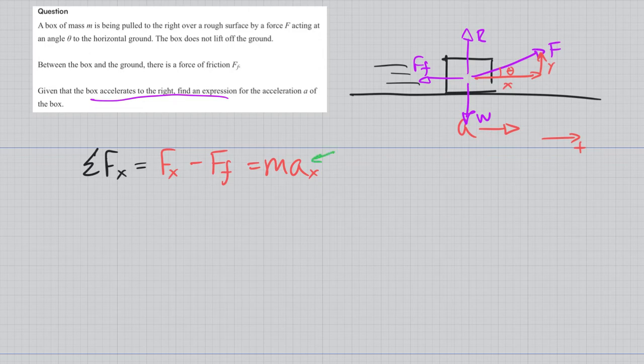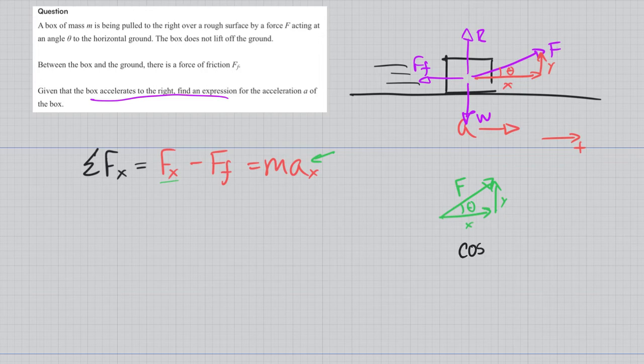Okay, so let's look at that. Now, how could we first solve for F_x? Well, from our triangle, if this is F, and this is x and y, and we know that is theta, I'm going to look at this and say, okay, this is the adjacent side, this is my hypotenuse, so I'm going to use cosine.